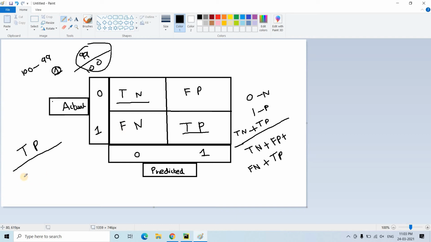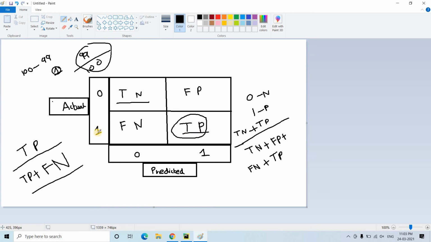That's why this particular parameter came: TP by TP plus FN, true positive divided by true positive plus false negative. What is this indicating? Ultimately, true positive is the main factor, actual one, predicted one.